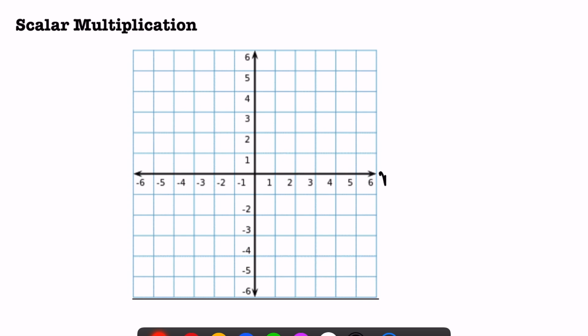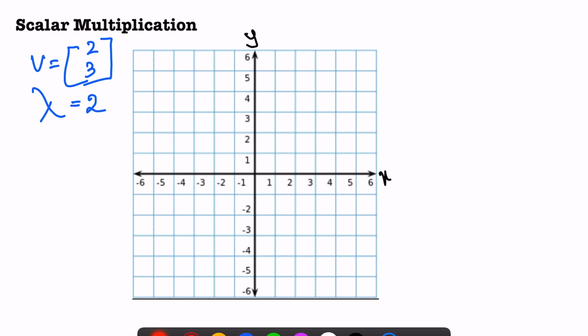So we'll see in 2D plane only first. Let's say we have a vector 2, 3, and we want to multiply it with one scalar lambda, let's say 2, right? So first draw the vector, that is 2, 3, means 2 steps in this direction and 3 steps in positive y direction here.